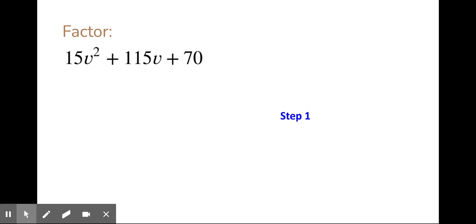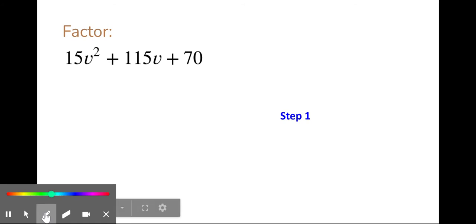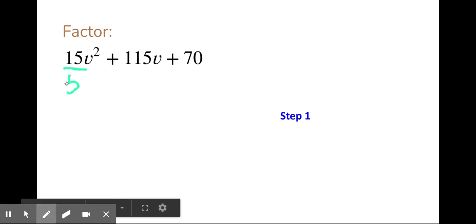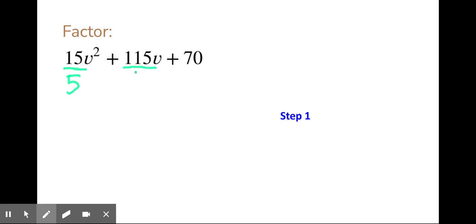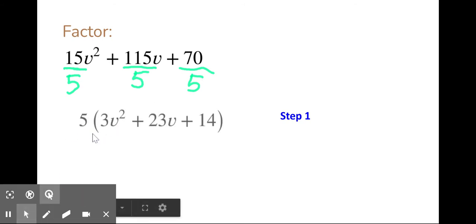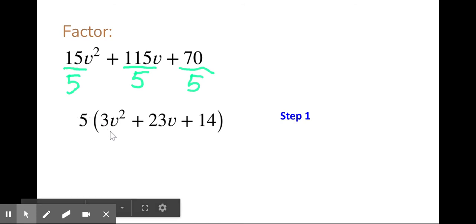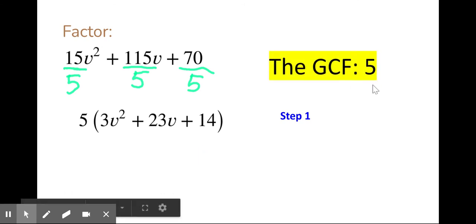So I'm going to take 15 divided by 5, 115 divided by 5, and 70 divided by 5. They all divide by 5 evenly, so I pull out the 5 and I'm left with 3v squared plus 23v plus 14. So our greatest common factor is 5.